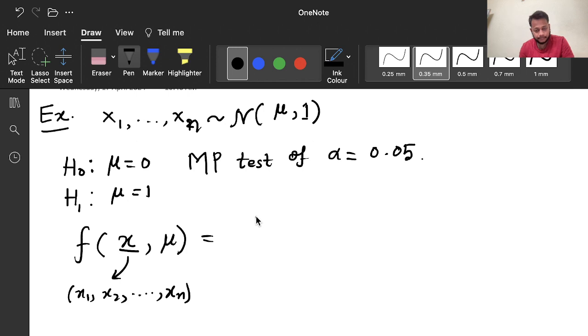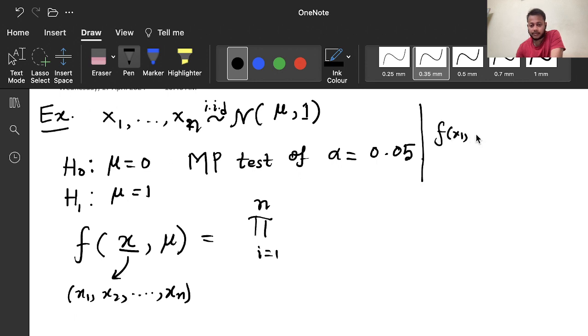Since they are all independent and identically distributed, taken from the same distribution, we can write the joint distribution as the multiplication of these n densities, and we know the normal density for any single random variable is 1 by root 2 pi sigma.